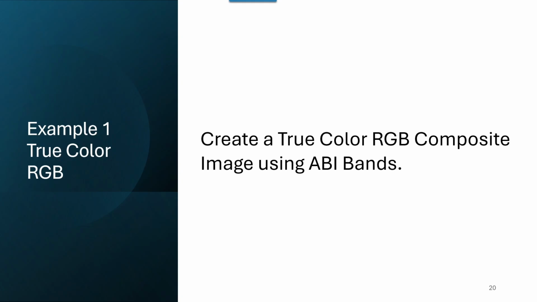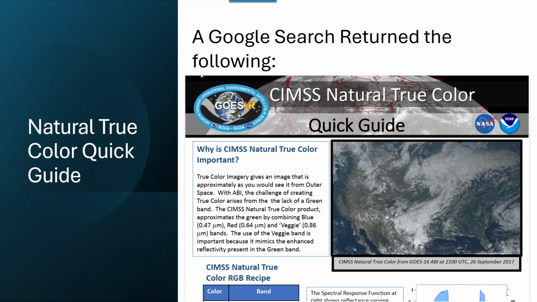We're going to be creating a true color RGB composite using the GOES ABI bands. A quick Google search will provide us with this page.